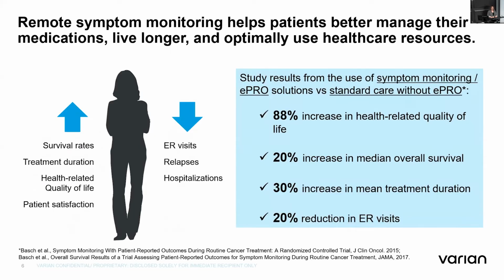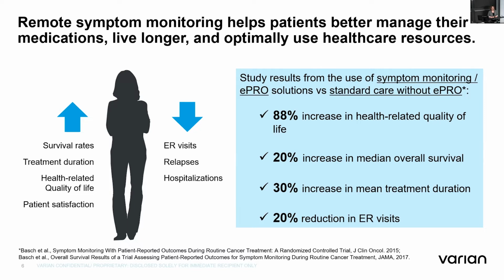All right, as probably some of you know already, using patient-reported outcomes through cancer treatments has shown benefits for the patient outcomes and also for the clinic operational performance. So there are studies that show that using that type of tool will improve the survival rates of the patients and also keep them on treatment longer, which improves their outcome, and also improve the quality of life of the patient overall.